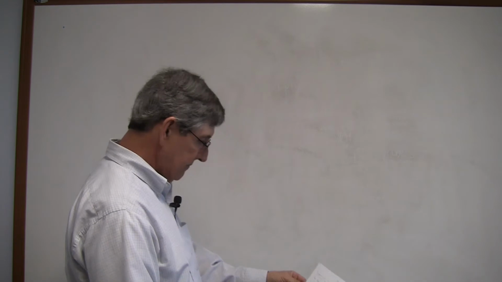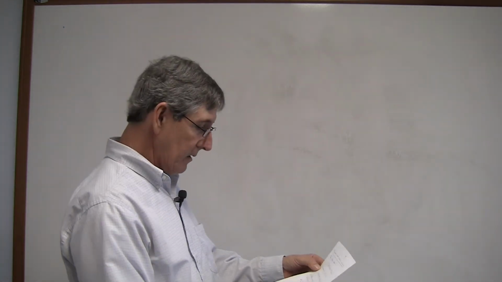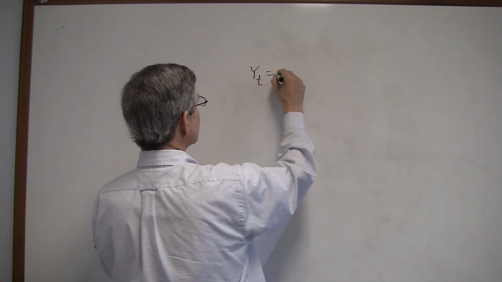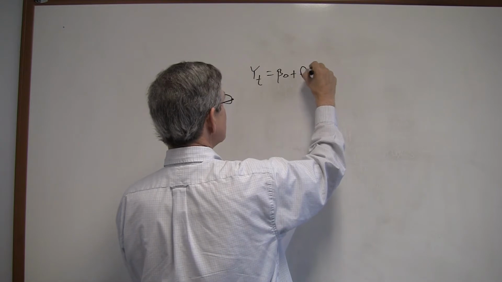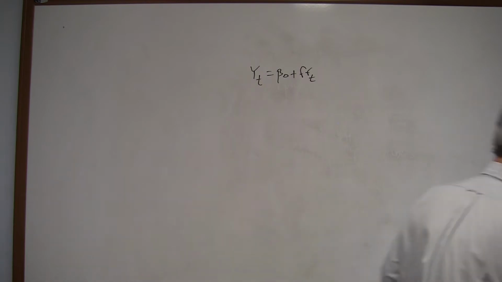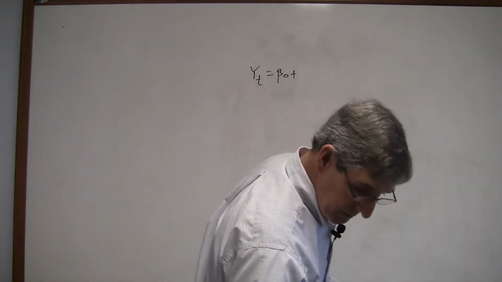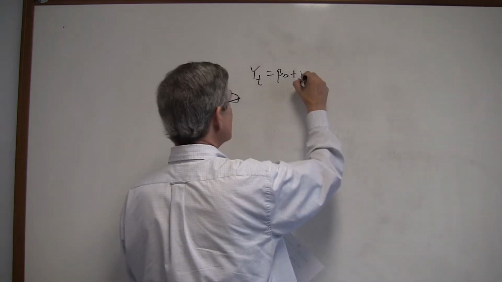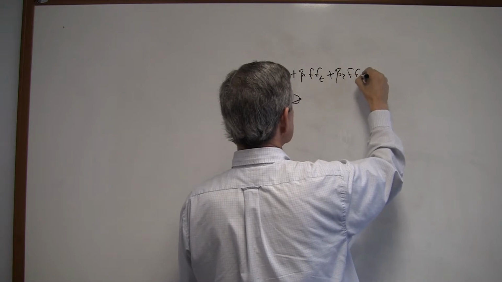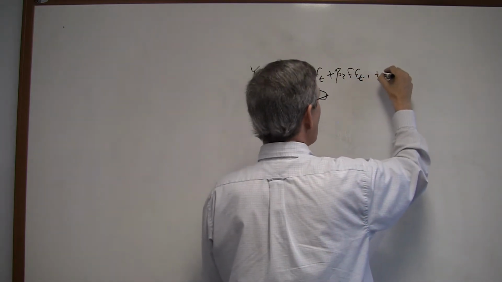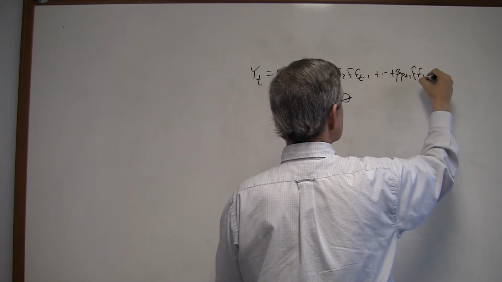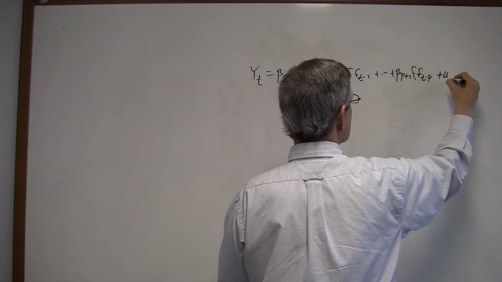So suppose you want to, and this is actually the question in your empirical assignment, suppose you want to estimate output Y_t is beta 0 plus beta 1 FF_t plus beta 2 FF_{t-1} all the way out to beta_{p+1} FF_{t-p} plus u_t.